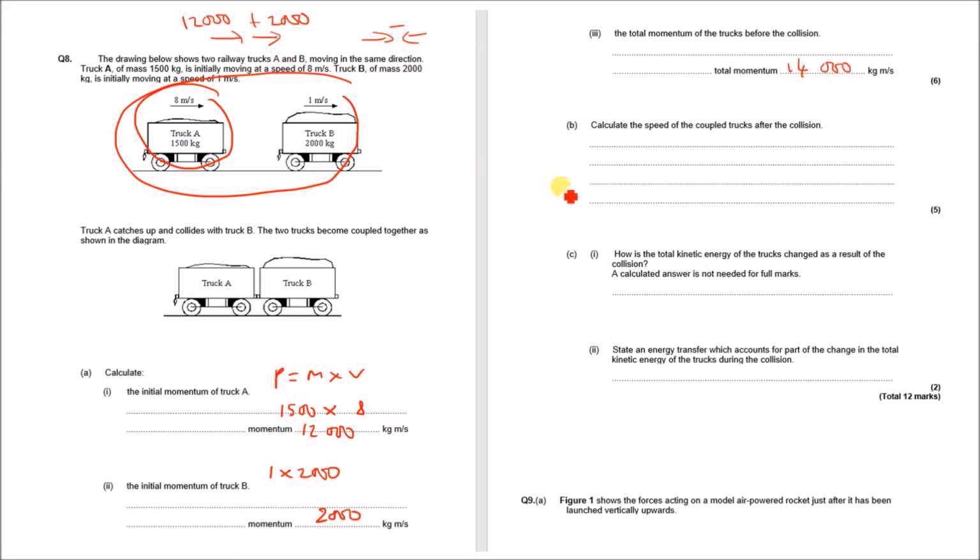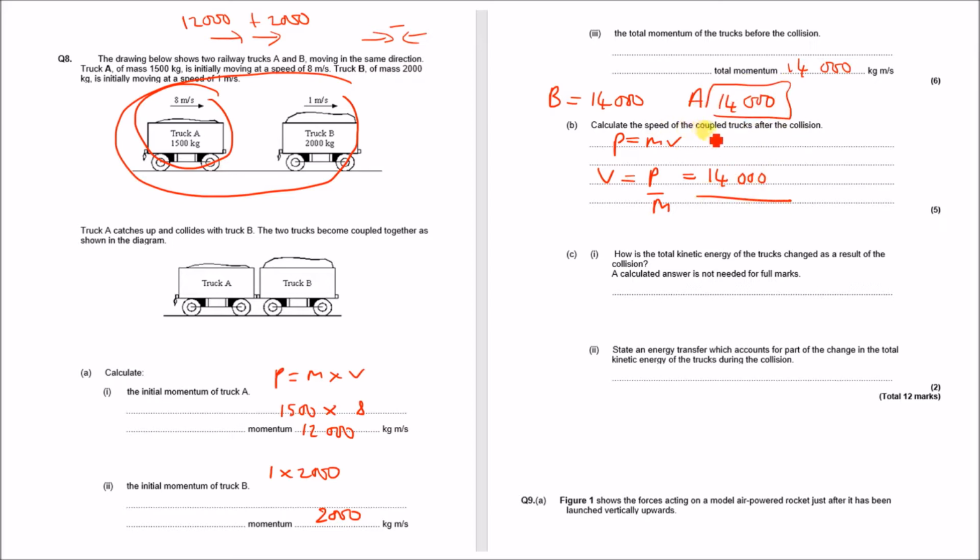Okay, the next question says calculate the speed of the coupled trucks after the collision. Well, we know momentum before is equal to 14,000, so the momentum after must be equal to 14,000. P is equal to M times V, so velocity must be equal to P divided by M. We know our momentum after the collision is 14,000 kilogram meters per second, which we just got from here.